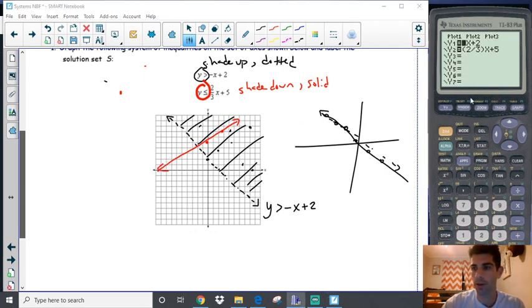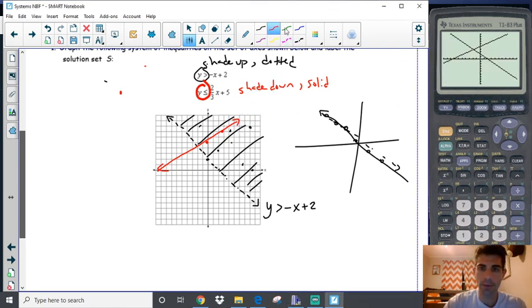And if I look over here at my graph, it's the same thing. Now this here is going to shade down. Okay, so here, shade down. And it's kind of the same thing. Any point you go ahead and pick in this shaded area that I did in red is a solution for this line.